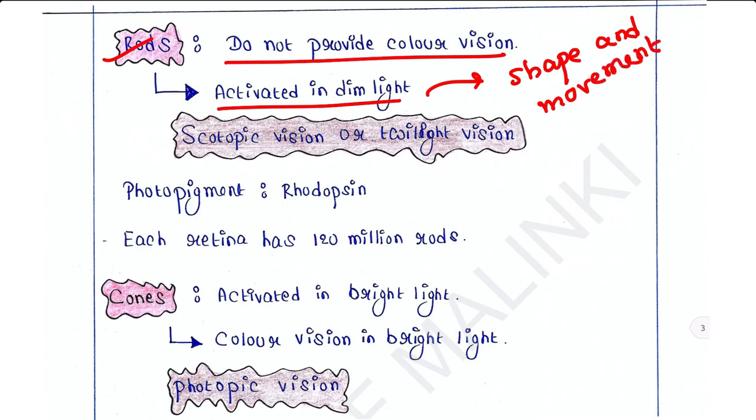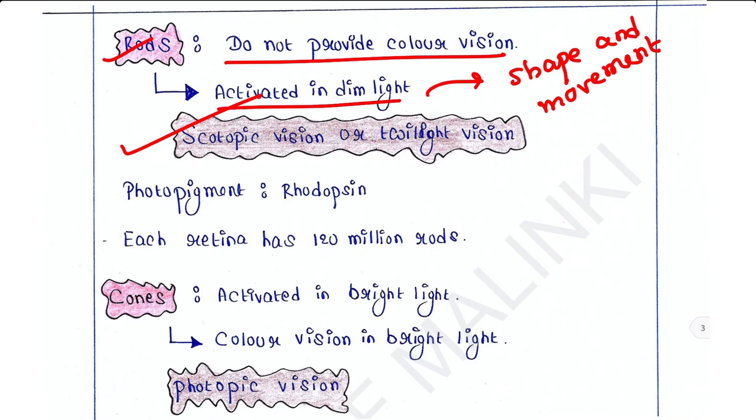This type of vision is called scotopic vision or twilight vision. It is basically the vision of night when we can see only black and white and we can guess the shape of the object but cannot properly understand the color.